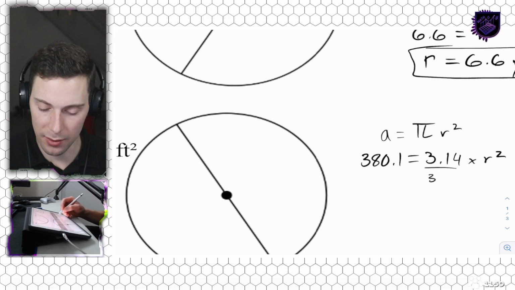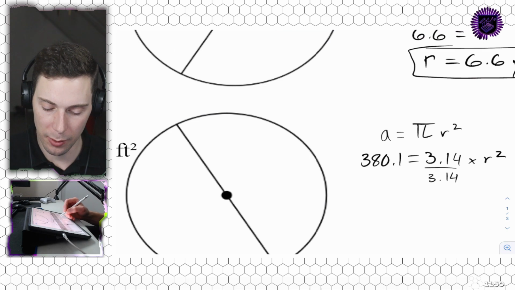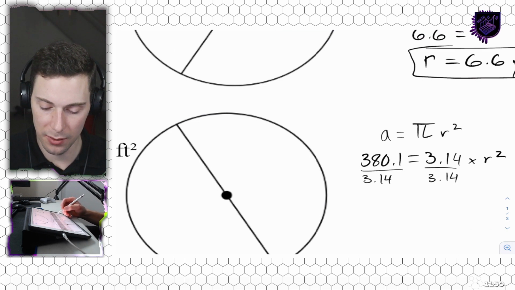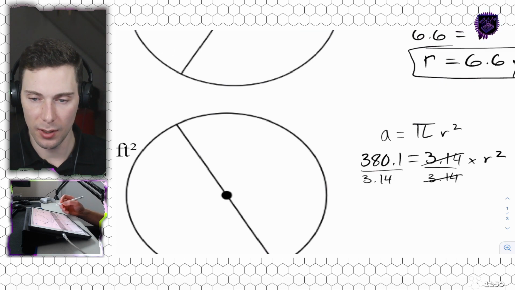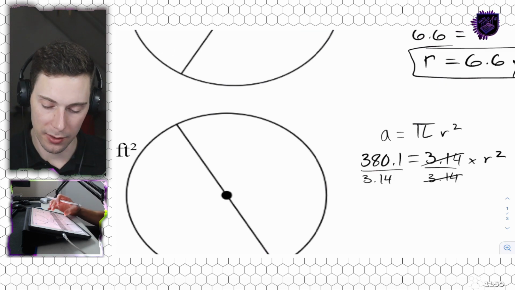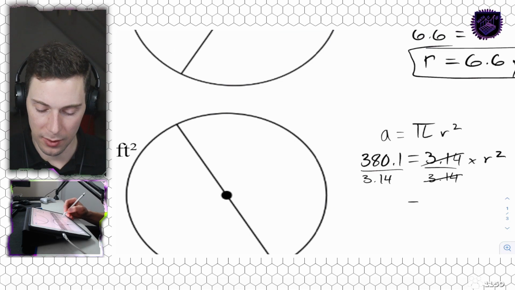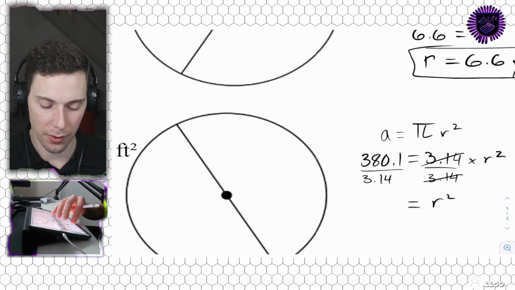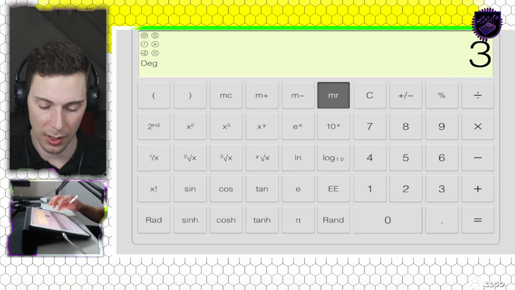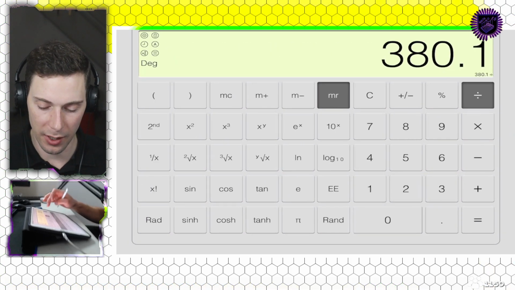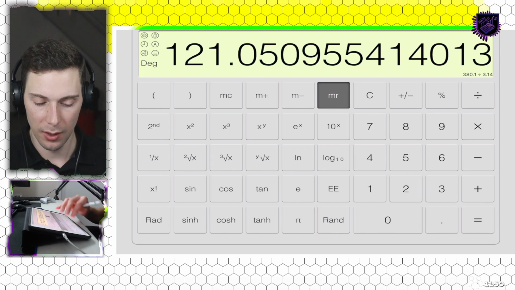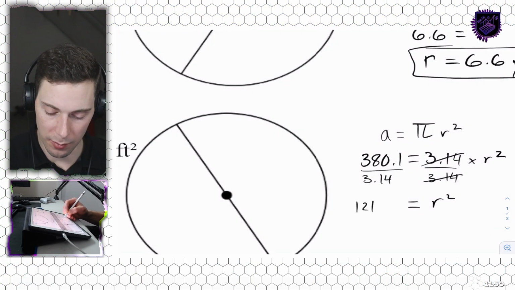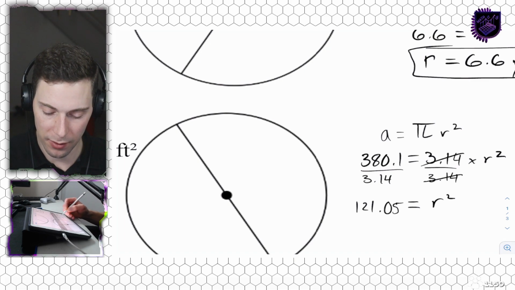Isolate our radius squared variable by dividing by pi on both sides, and that brings us to radius squared is equal to 380.1 divided by 3.14, which is 121.05.